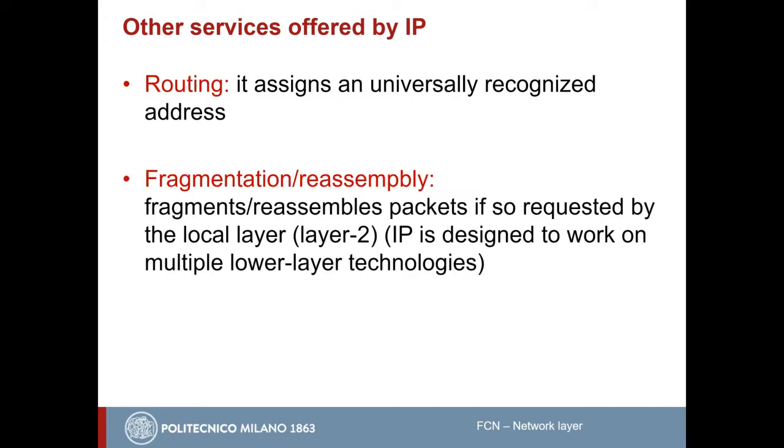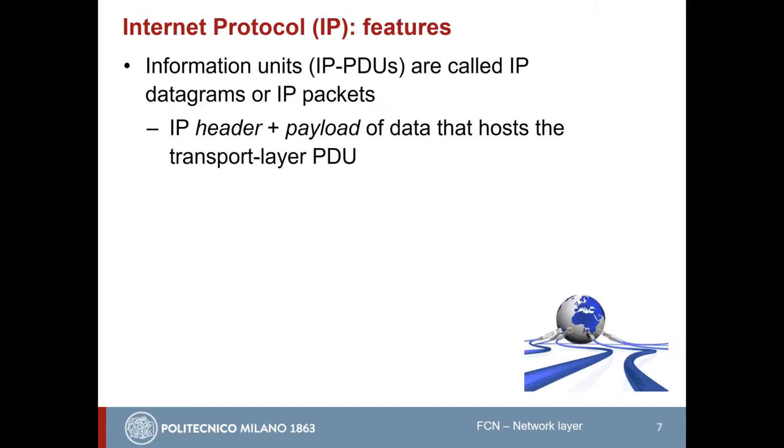The other function that is still to be explained is fragmentation and reassembly. So packets, as we will see, may be fragmented into smaller packets when we have some issues regarding layer 2, and in particular the limitation of layer 2 frames in terms of payload.